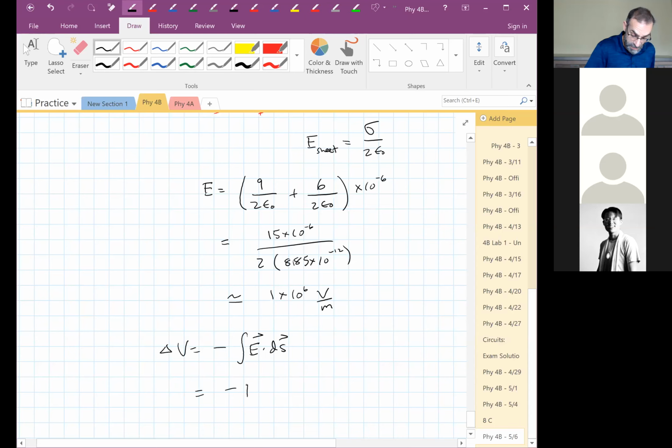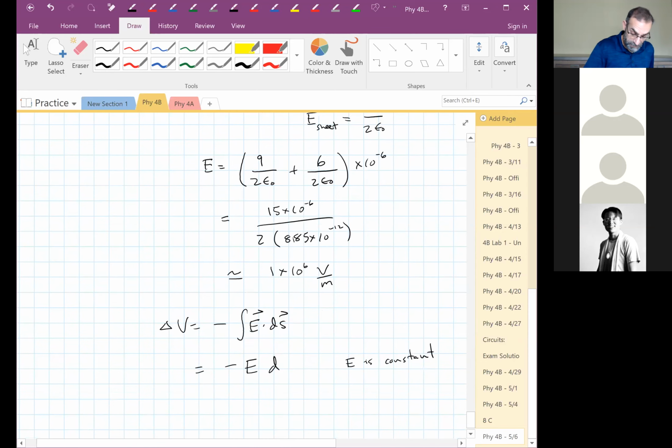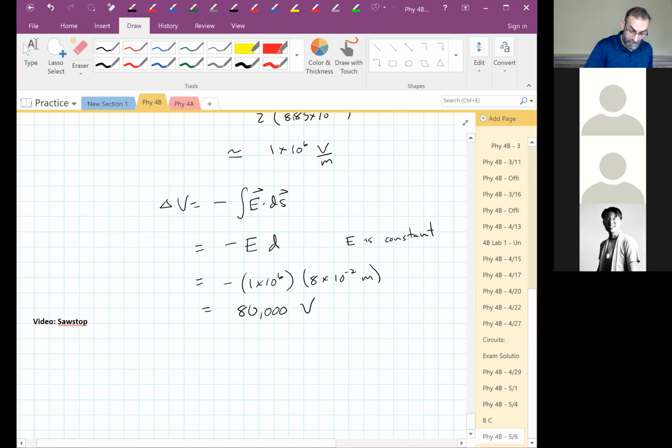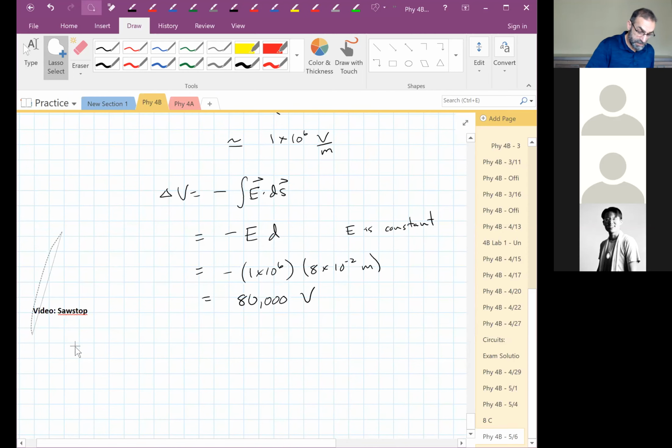So this is just E times the distance, and the distance was given, 8 centimeters. About 80,000 volts. Which one's at higher potential?